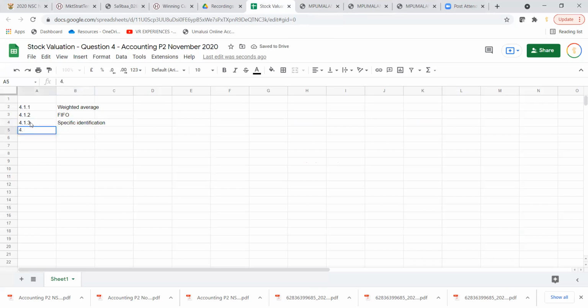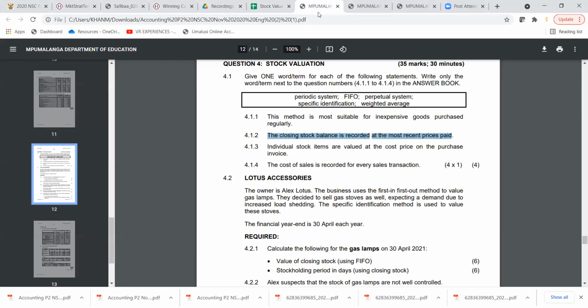Then we go to 4.1.4. Okay, so the last one, what do they have? They say cost of sales is recorded for every sales transaction. So remember, this is the perpetual system, like we explained. Perpetual means continuous. Every time a transaction happens, inventory is updated for a purchase or for a sale. So every time a sale happens, cost of sales is updated, inventory is updated.